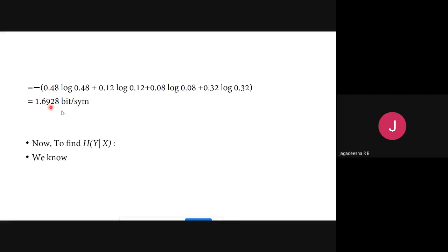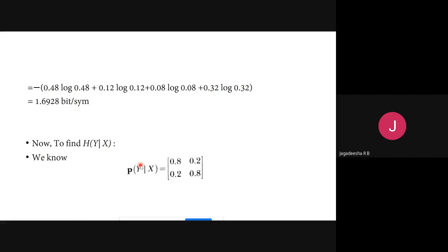Okay. Now we need to find the conditional entropy of the output y when we know the input. How to do that? Do we know this parameter, the conditional probability of output?